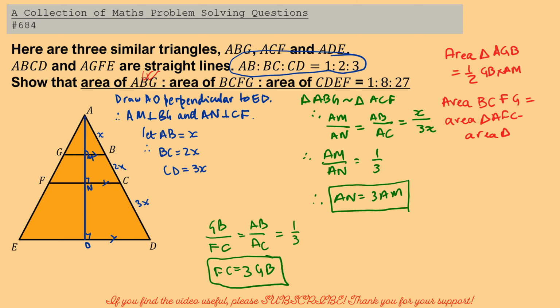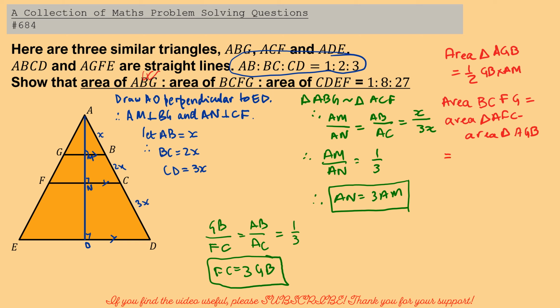AFC is the entire area, and if I were to subtract AGB from that, I would get BCFG.